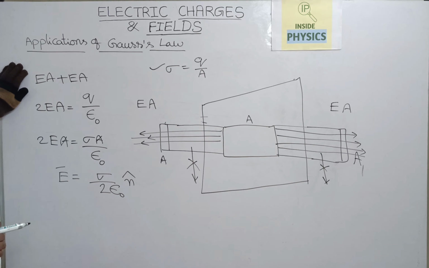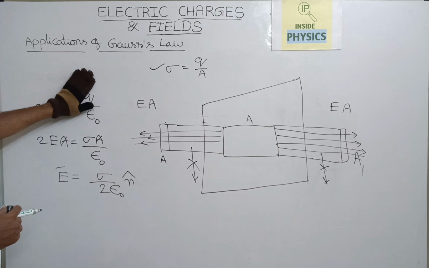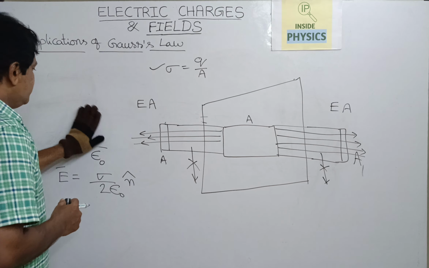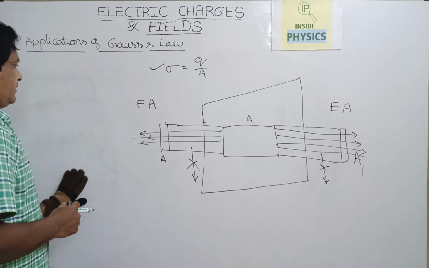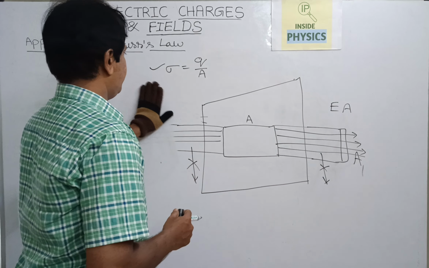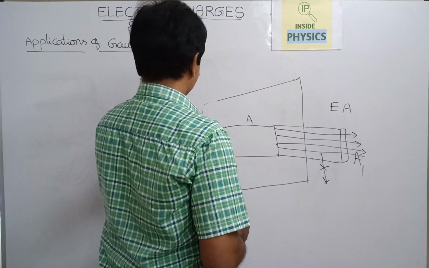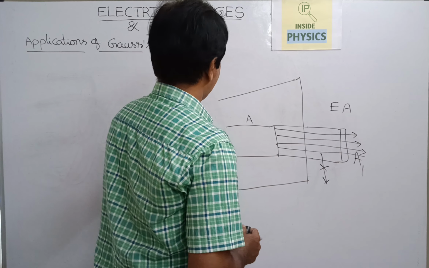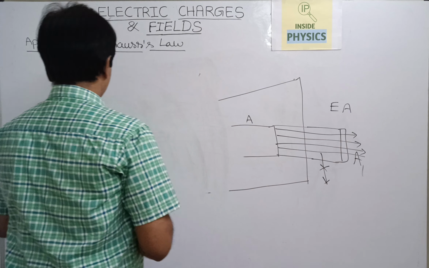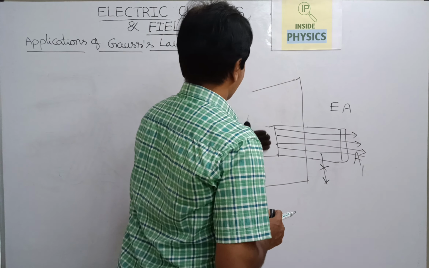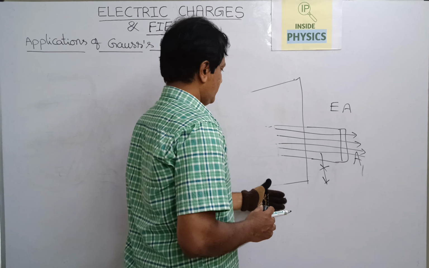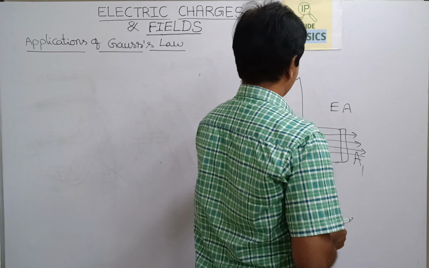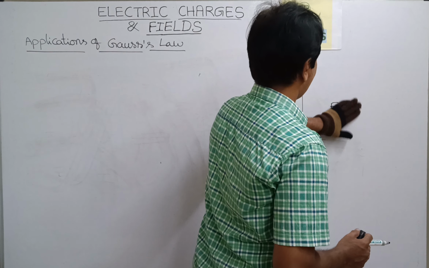This is the second application, and the third one we will go through is the thin spherical shell. That is the third application. What we are doing here is calculating the electric field of different conductors and charged bodies.